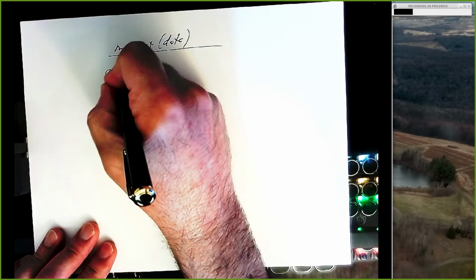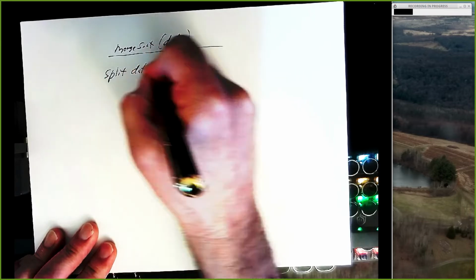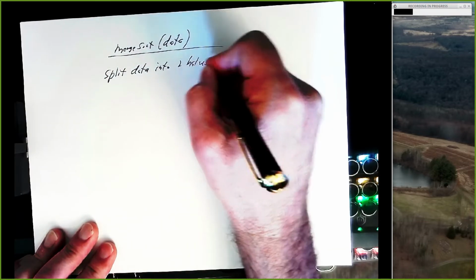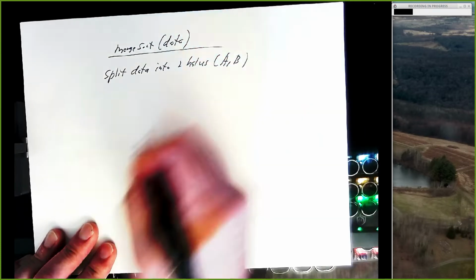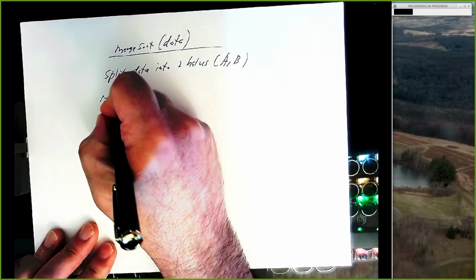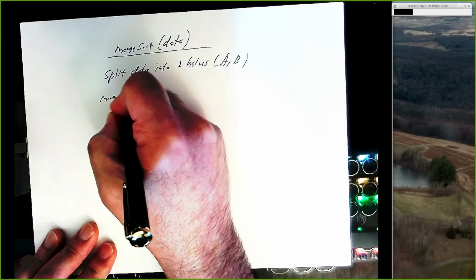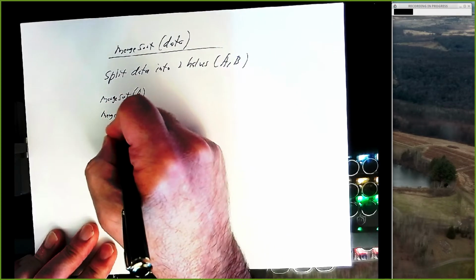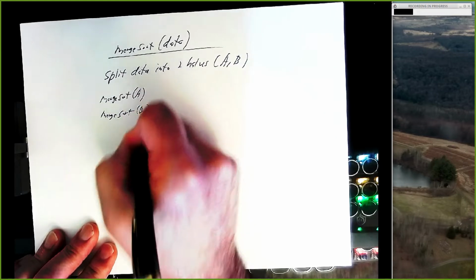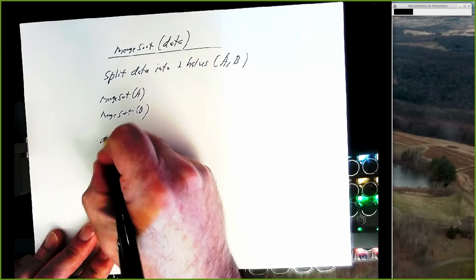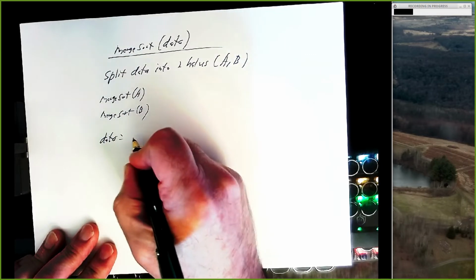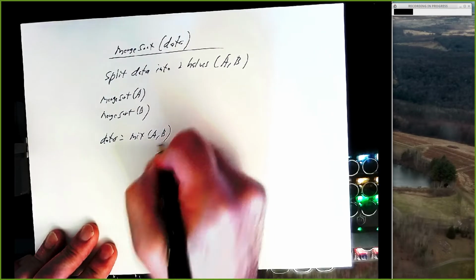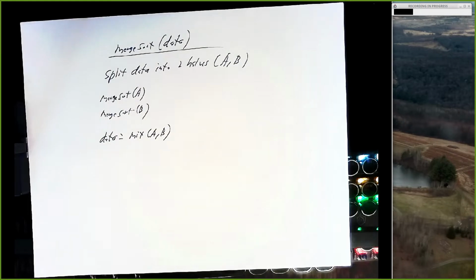Split data into two halves, A and B. Merge sort A, merge sort B, and then mix those sorted lists together to get your output data.